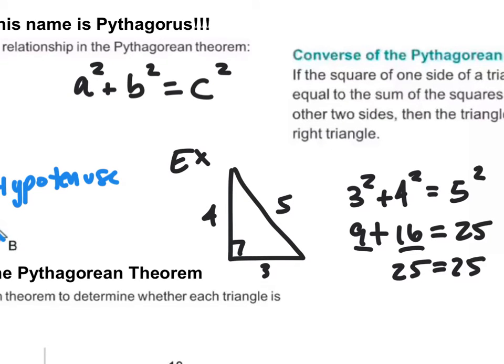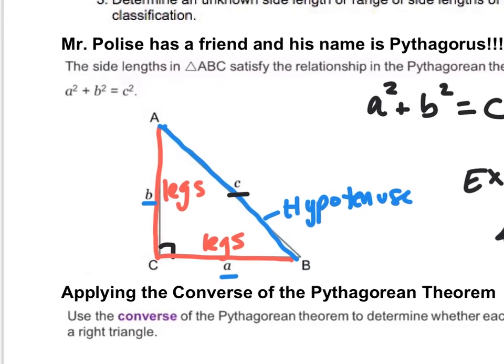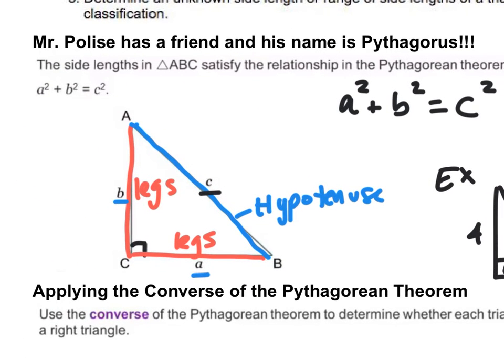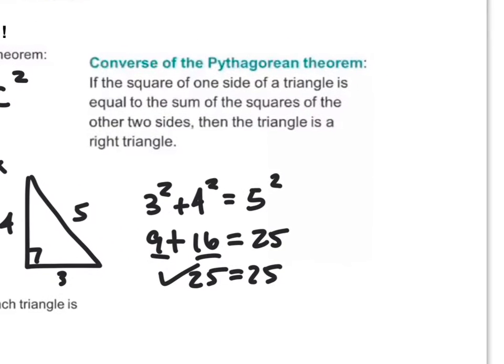These are equivalent values, so it works. This is your most basic right triangle, the one you will probably need to remember the most. That is the Pythagorean theorem: the sum of the squares of the legs is equal to the square of the hypotenuse. A squared plus B squared equals C squared.